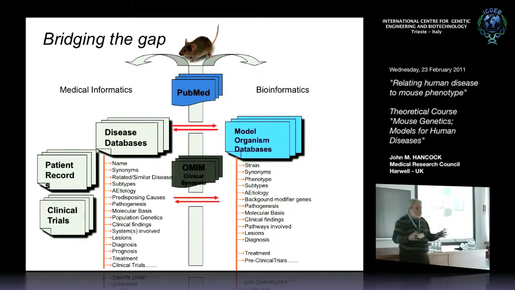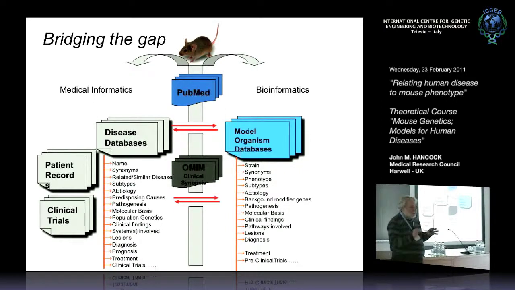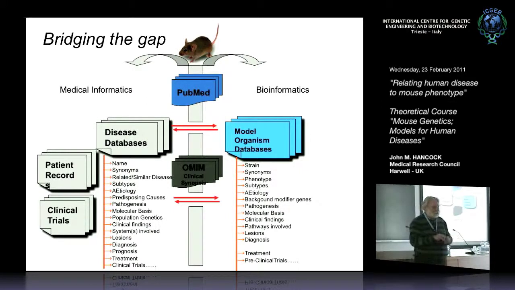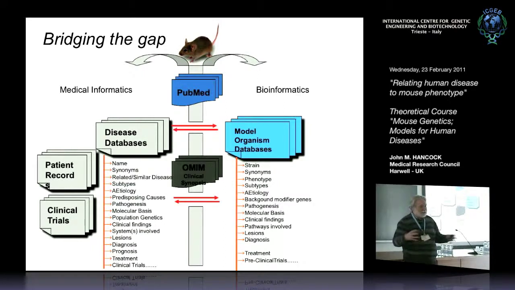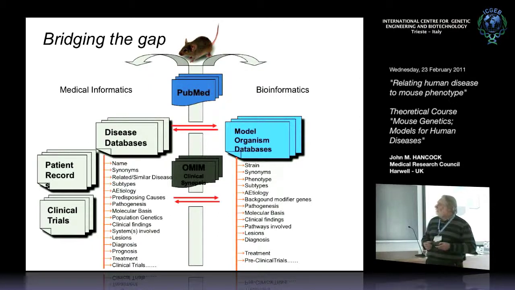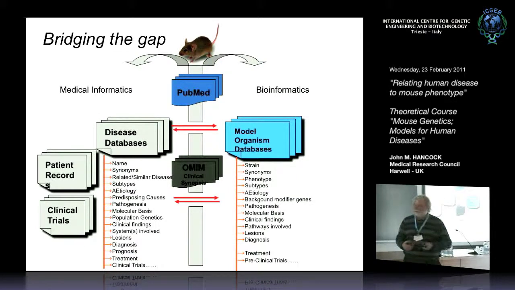But the problem with that whole group of people is that each of those disease gene databases is a unique database, and they all have somewhat different design rules, which means that actually bringing all that information together is going to be very difficult, even though they have money to make databases. And so we need to think about how we're going to do this kind of linking. We have information in the literature which helps us to do that linking, but actually the big problem is how that information is represented.